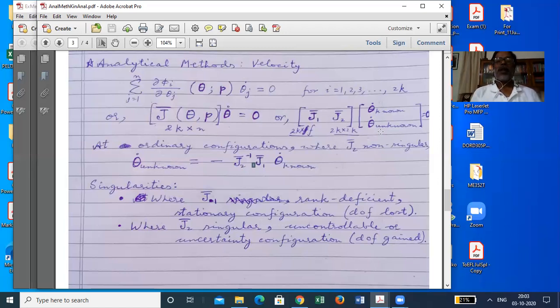Okay, so these are actually uncontrollable or uncertainty configurations. Here some degrees of freedom are transitorily gained. So this transitory loss and gain of degrees of freedom happens at the configurations of rank deficiency of this or that. Okay. So this much is the velocity component.